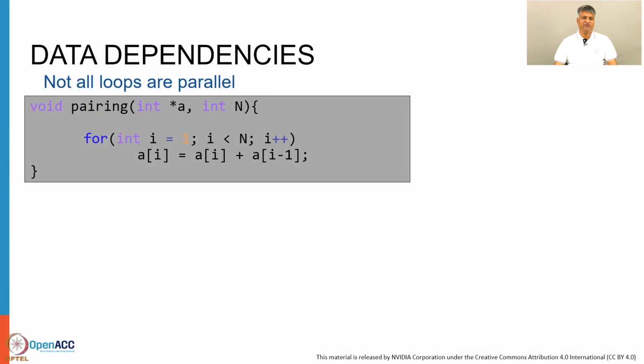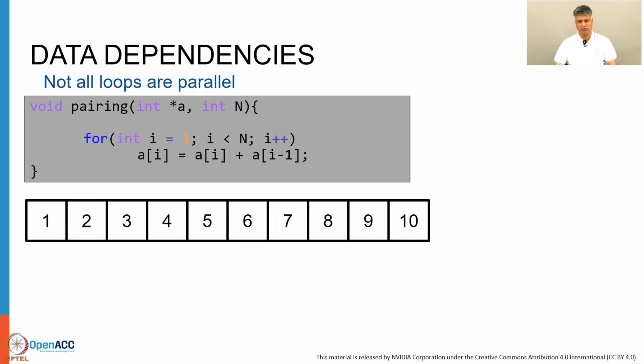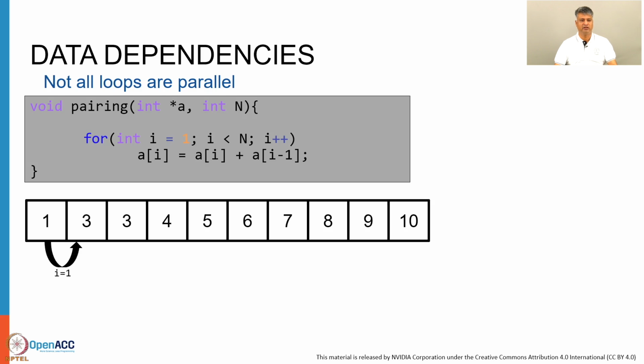Now, if we have certain data dependencies, then we are in a little bit of a problem. Let us say that we have a loop of this sort where a[i] is equal to a[i] plus a[i-1]. Now, if I have the same input array, sequentially numbered 1 to 10, where the index is the input data, and we execute this, in the first iteration of the loop, the second element will be modified to 3.